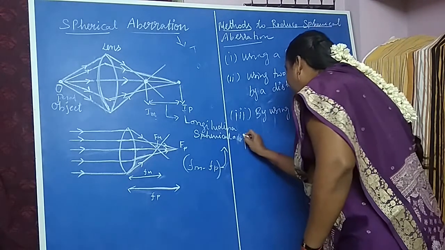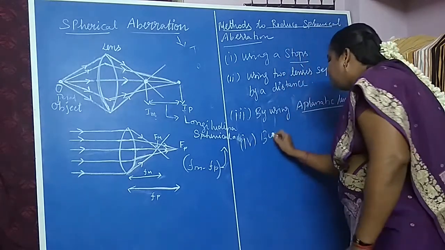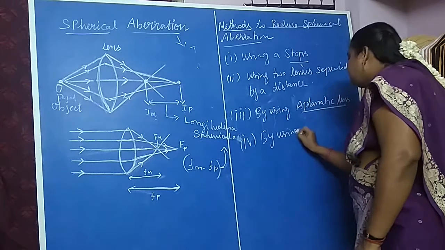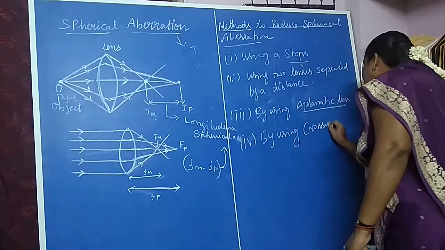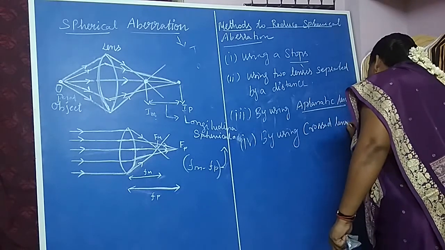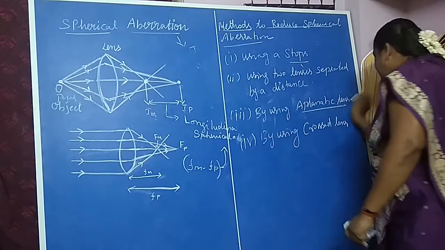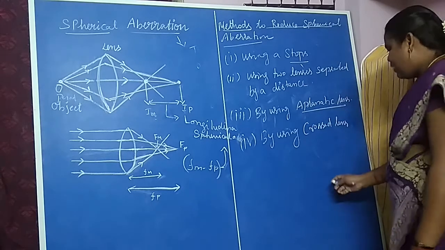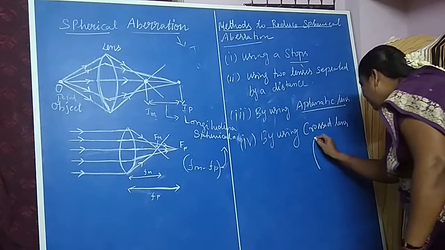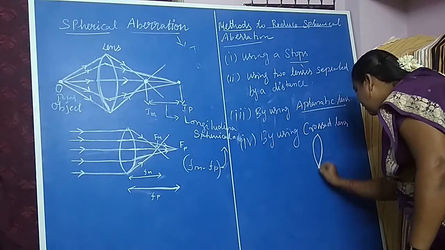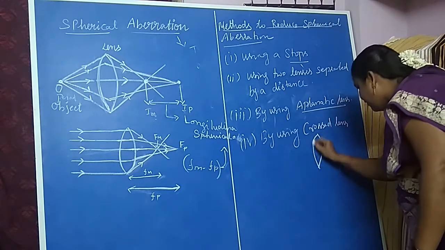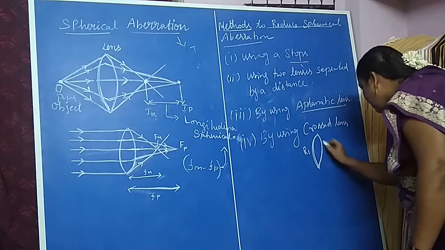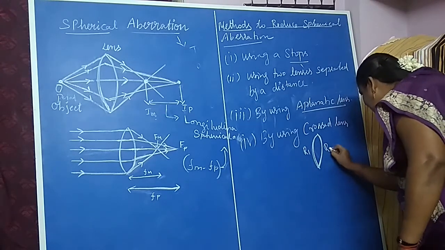And the fourth case is by using a crossed lens. The radius of curvature of this surface is taken as R1 and the radius of curvature of the other surface is taken as R2.